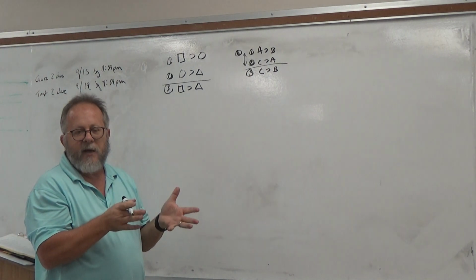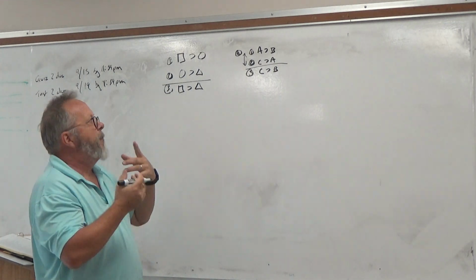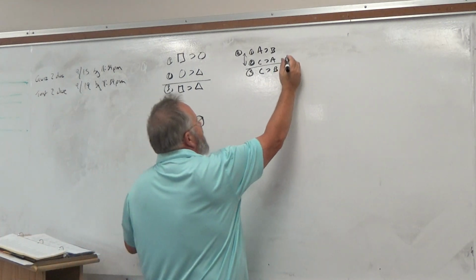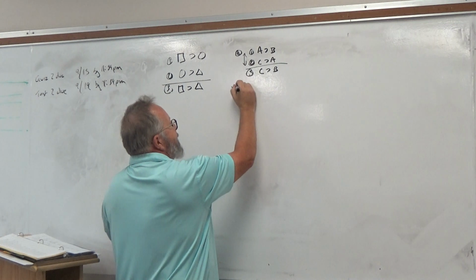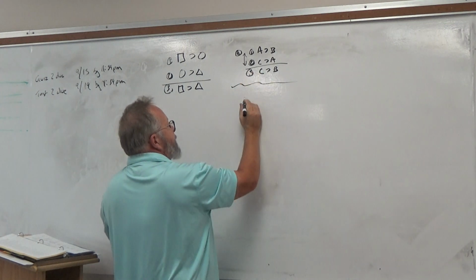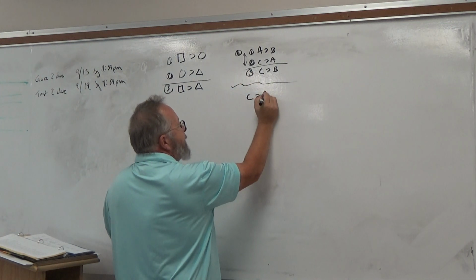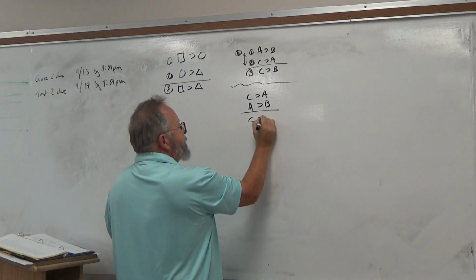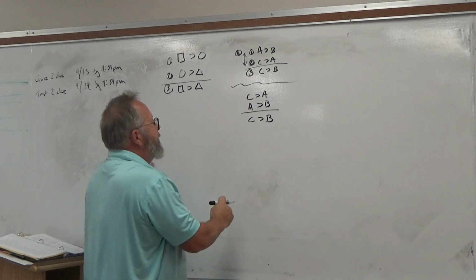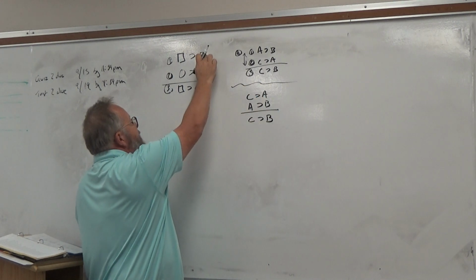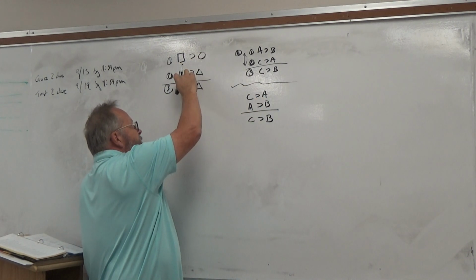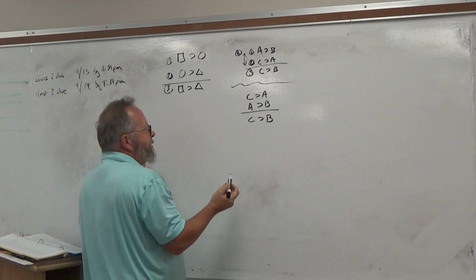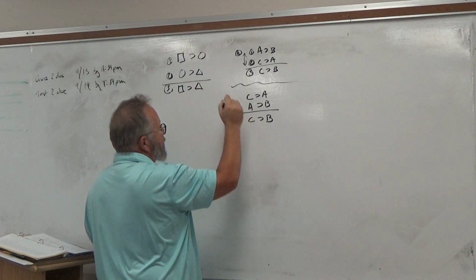So right off the bat I'm thinking, well, this doesn't look so good. It looks like it's not going to be a substitution instance, but let me see if changing the order of the premises helps. So I'm going to rewrite this, but it's going to be now C then A, and then A then B, and then C then B, okay? Now, the consequent of the first conditional matches the antecedent of the second. So now let's see if this is the same structure as that.